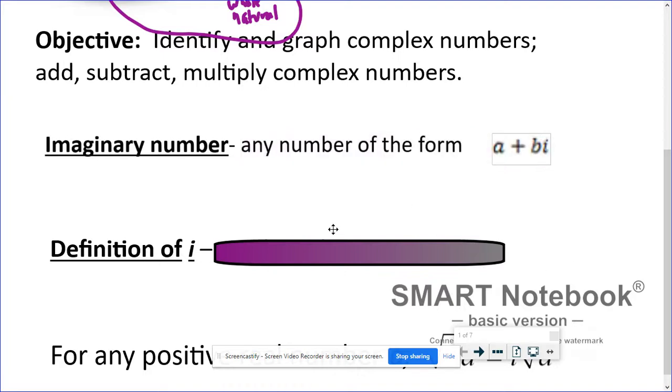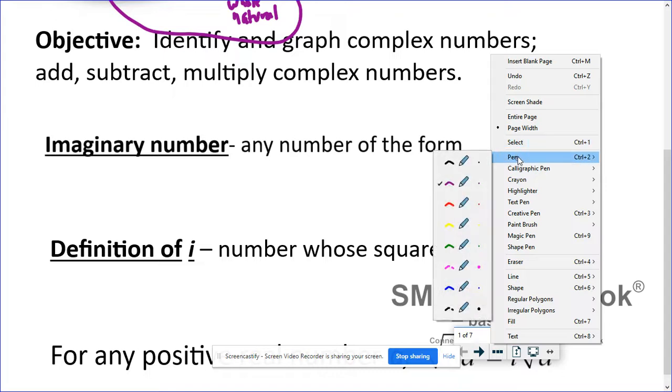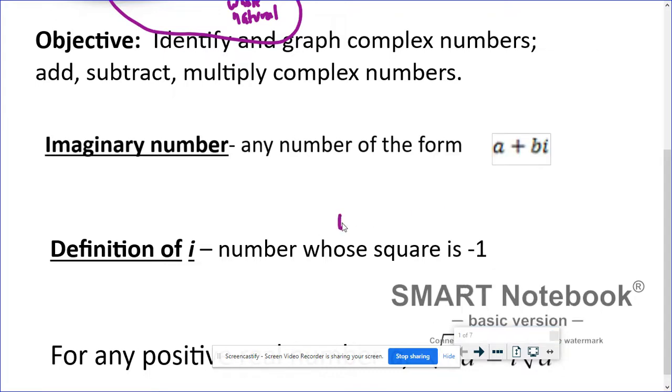So, definition of an imaginary number: any number of the form a plus bi, where bi is the imaginary number. So now the question is, what does that i stand for? This is the definition of i. i is a number whose square is -1. So another way to think about that is i is the square root of -1.